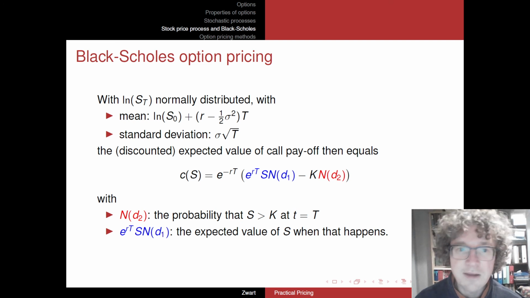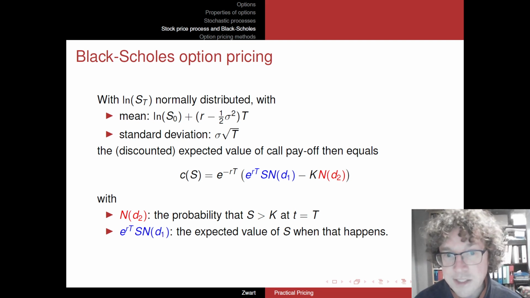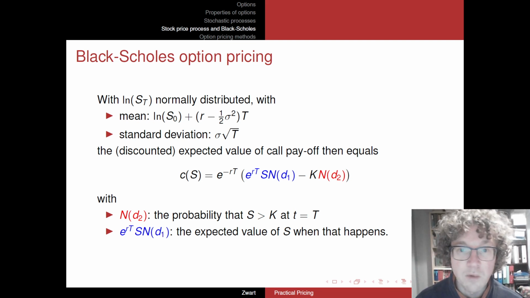So N of D2 is the probability that we're going to exercise this call option.